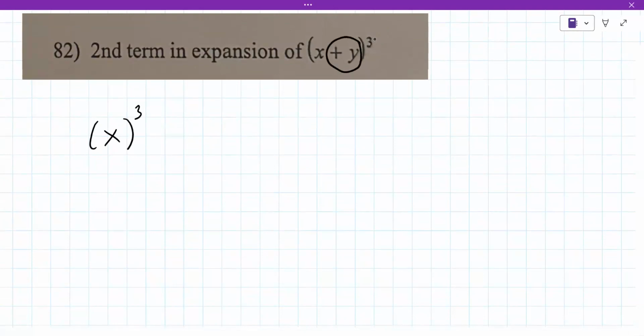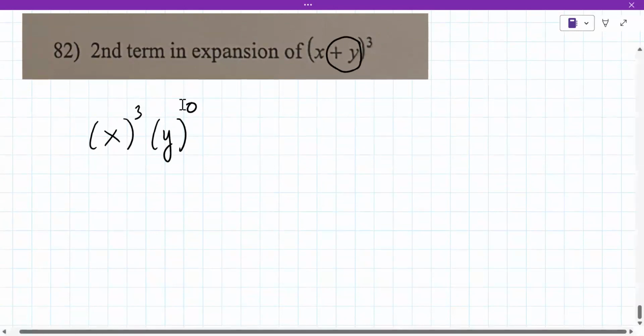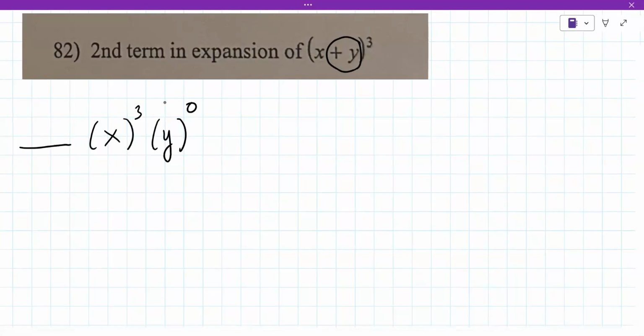The plus or the minus goes with the second one. So it's positive y to the power of 0, because these two numbers need to add up to 3. Then you go down, you say, okay, it's x squared, y to the power of 1. Some numbers in front. We'll get to that. And then you keep going down.